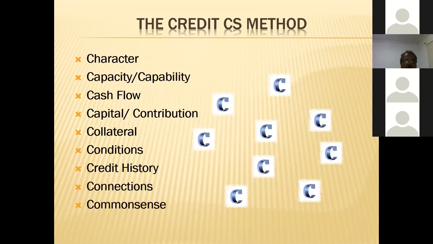So what capital has the business put into the loan application? Contribution or down payment is on the individual, the consumer side. So capital is more for the business, contribution or down payment is what we refer to on the individual side.